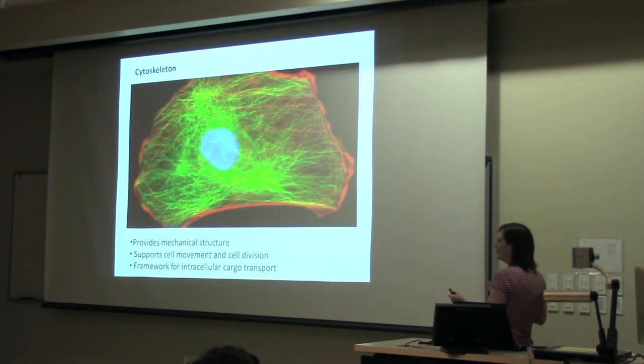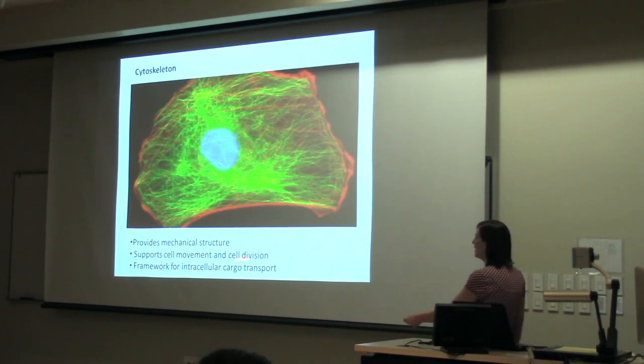The cytoskeleton has several mechanical roles. One is that it provides mechanical structure. This is why it's called a skeleton, right? It provides a mechanical framework so that the cell can withstand mechanical loads. Another thing it does is support cell movement and cell division.